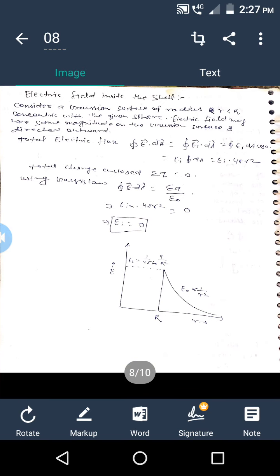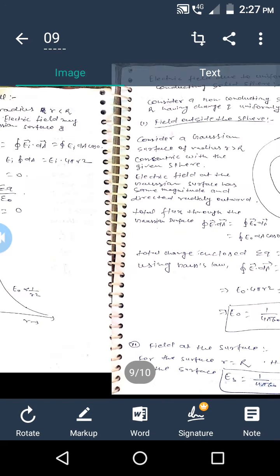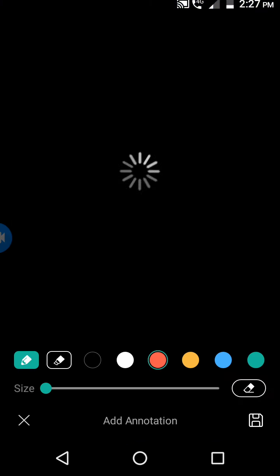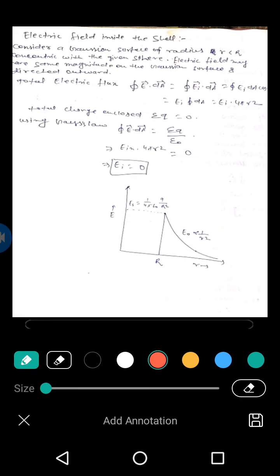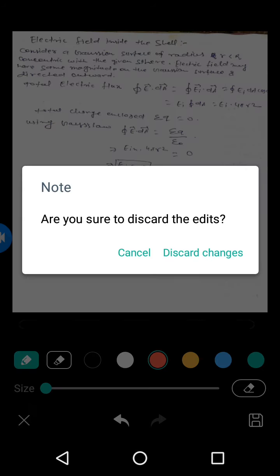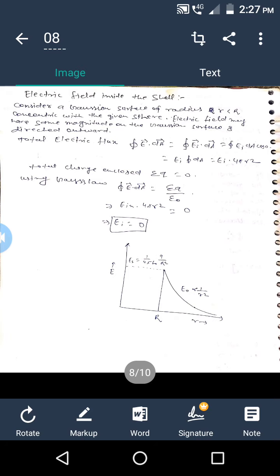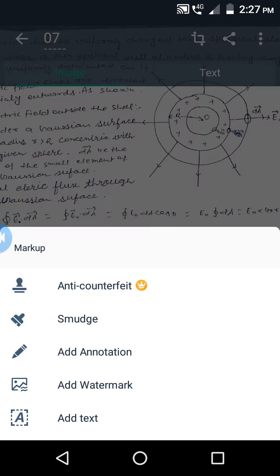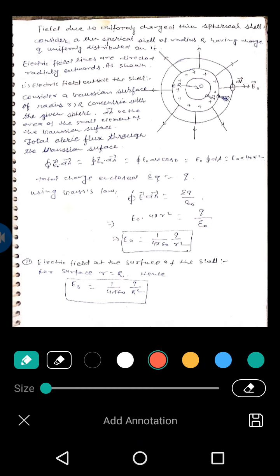Electric field inside the shell, the last case is electric field inside the shell. See here again, this is the Gaussian surface here, and charge enclosed by the Gaussian surface is obviously 0.